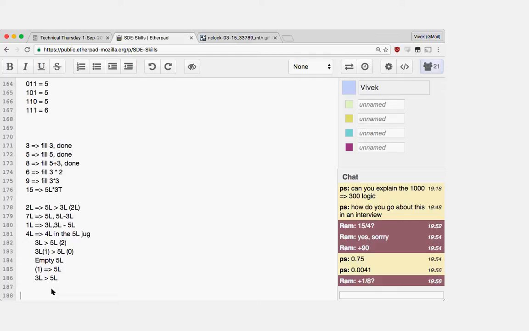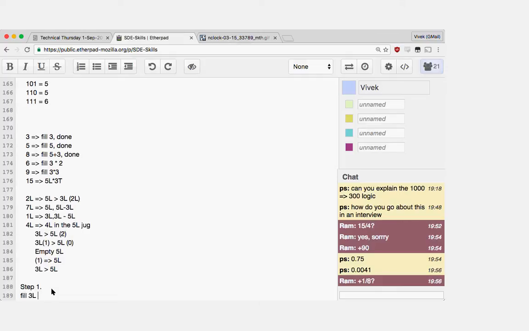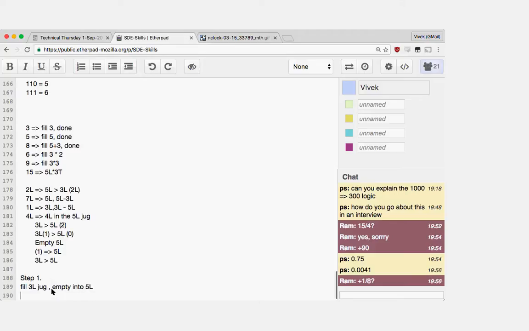Okay, so you start by filling the 3 liter jug and pouring that into the 5 liter jug. You again fill the 3 liter jug and pour the content into the 5 liter jug, but now the 5 liter jug can take up only 2 more liters. So the 5 liter jug will be full, and there will be 1 liter left in the 3 liter jug.